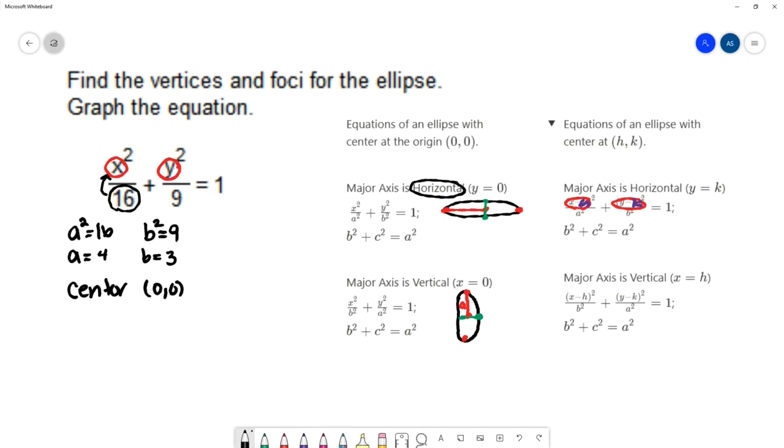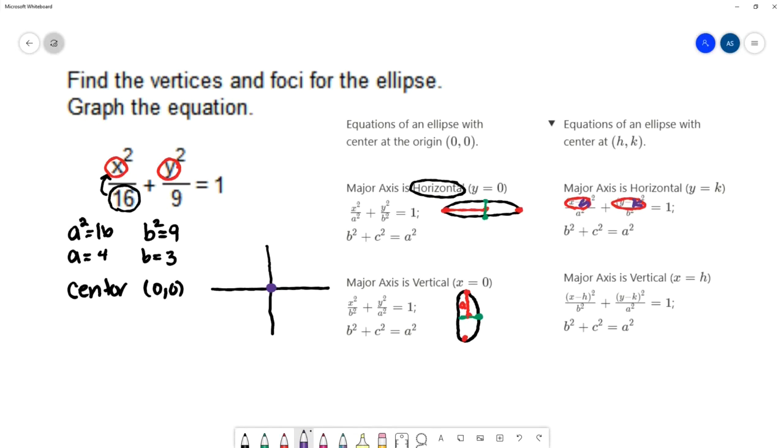So we have a center of 0, 0, and we know we have a horizontal orientation, so we're going to be able to find the vertices. I typically like to draw it out. I think better visually like this. So we have a center. Our center is at 0, 0.